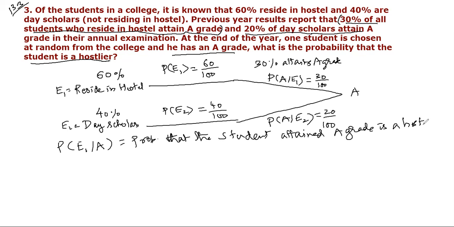One of the students is selected, he attains A grade, we have to find he is from the hostel.